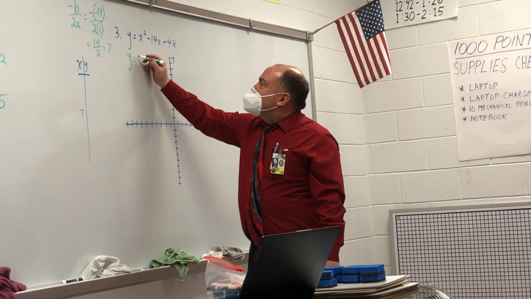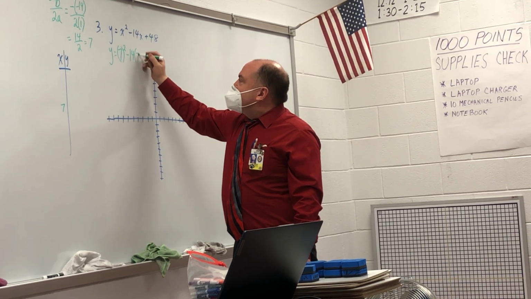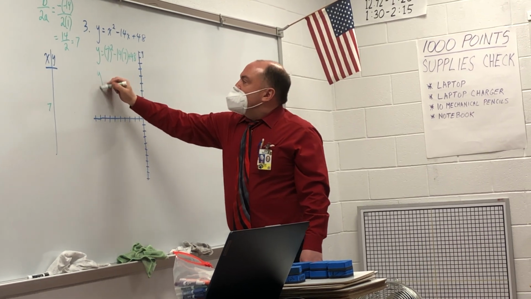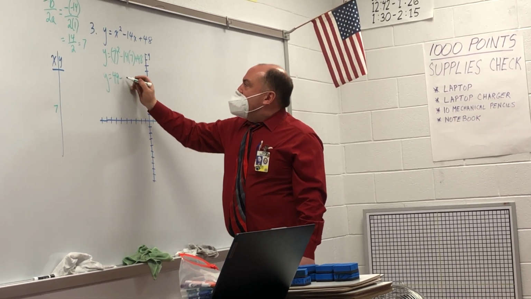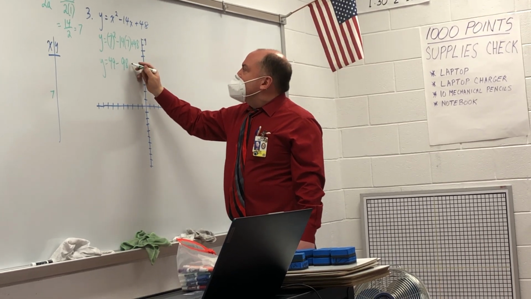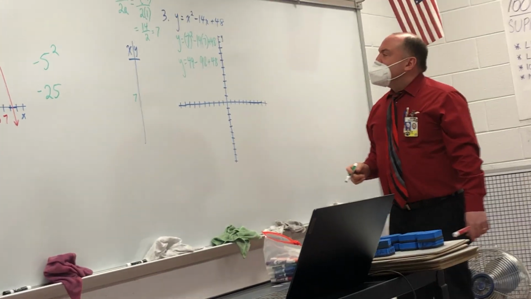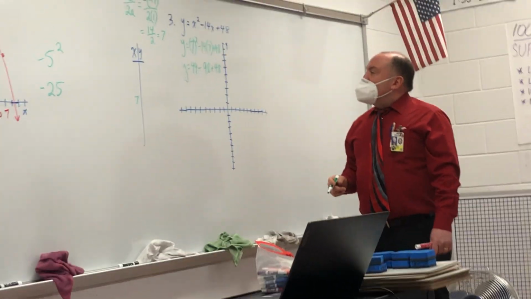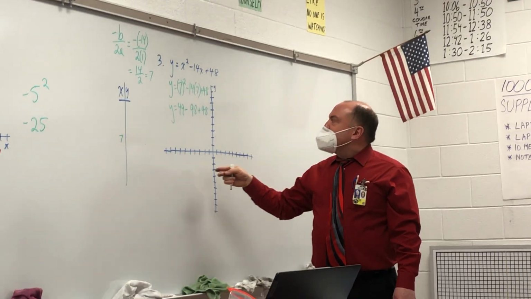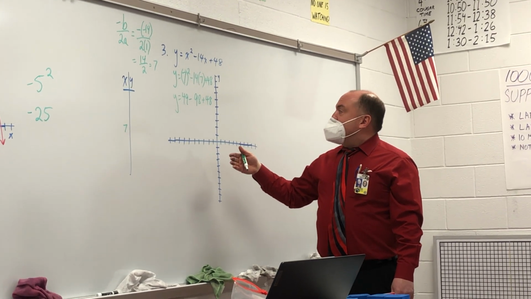So y equals 7 squared minus 14 times 7 plus 48. 49 minus 14 times 7, 98, plus 48. So 49 minus 98 is negative 49.